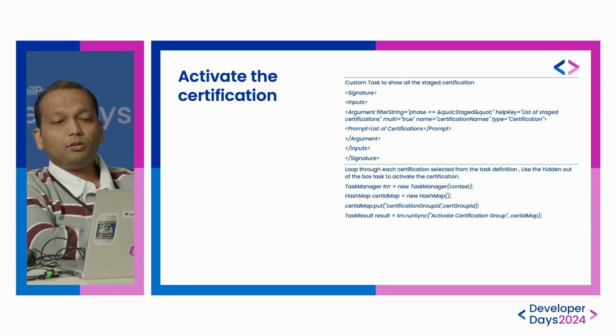The important thing to note here is that the activation is done at the certification group level. So when we activate a certification, we have to activate it at a group level, so the entire certification workflow moves forward. There is an out-of-the-box task available to do this, so we just use that, and using that we were able to successfully activate the certifications in bulk.